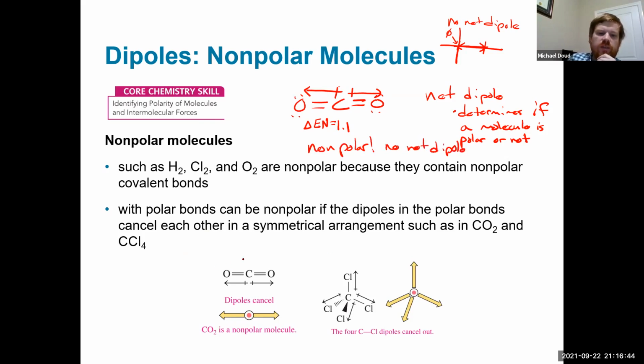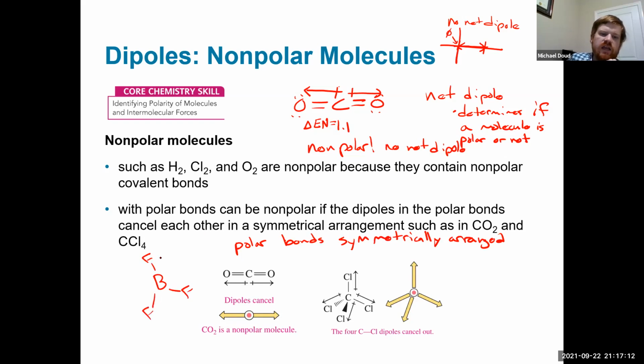So the other way that you can think about this is that we have polar bonds that are symmetrically arranged. Now it's pretty easy to see for something like CO2, where you have this in just a linear fashion, or for example, like BF3.